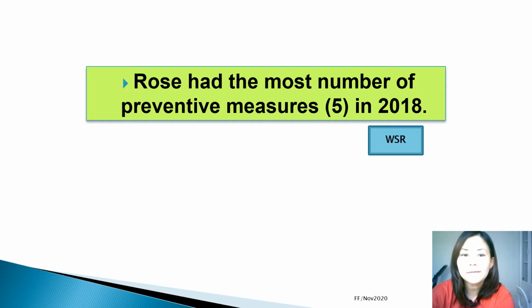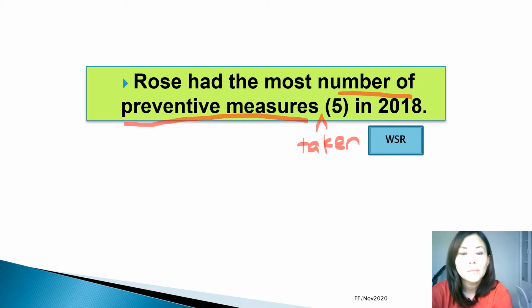inaccurate. Why? Because when you mention the number of preventative measures, you have omitted the word taken. When there is no word taken there, the subject reference is wrong, because every country can have preventative measures, every town can have preventative measures, but whether or not it is taken, that would be another story.